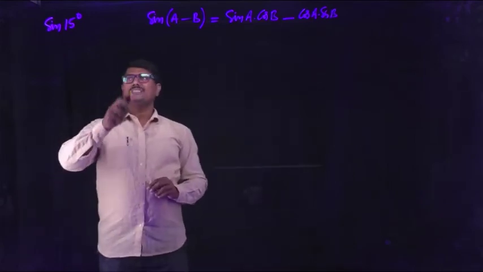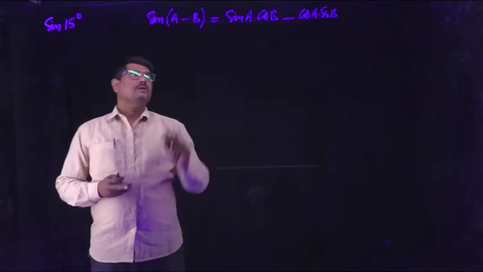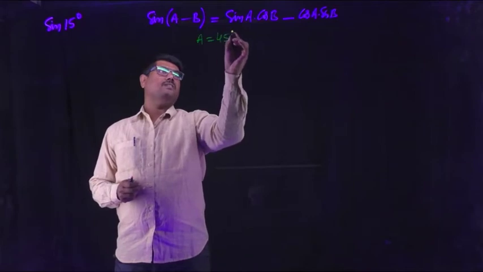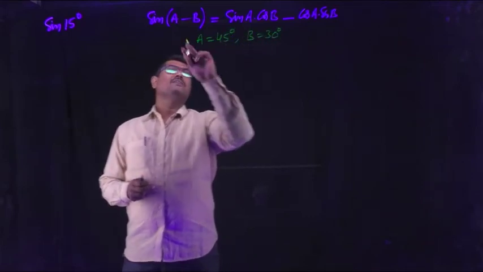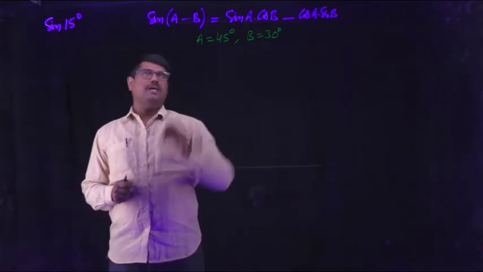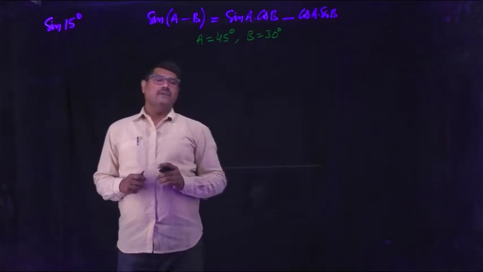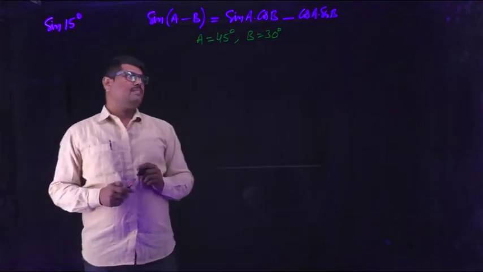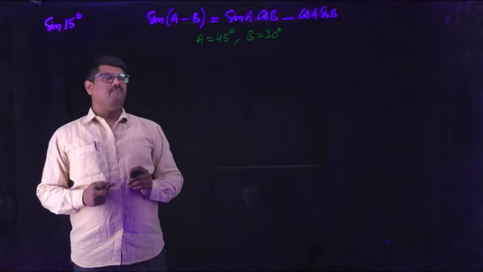Now let us think how we will get 15 degrees. If you take A value as 45 degrees and B value as 30 degrees, by taking A minus B, 45 minus 30, you will obtain the value of 15. So by taking the formula sine of A minus B and replacing A with 45 degrees and B with 30 degrees, you can find the value of sine 15 degrees.